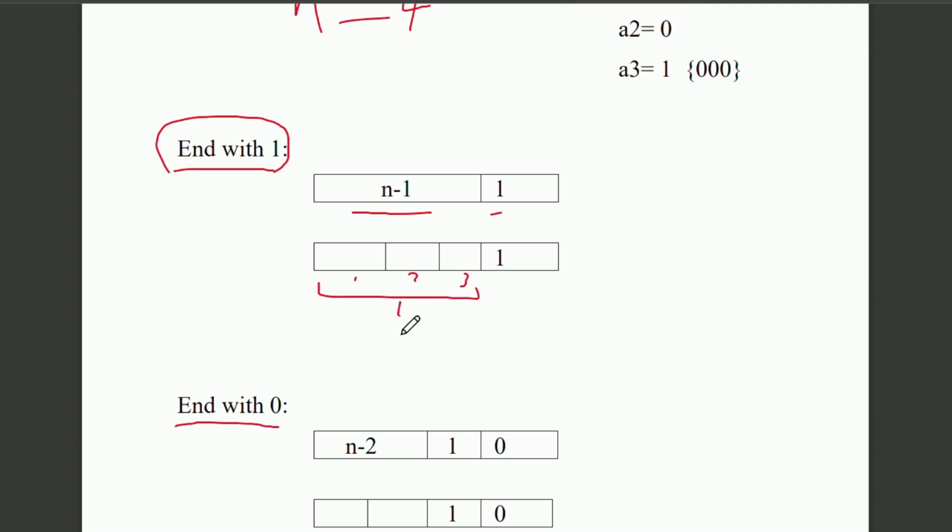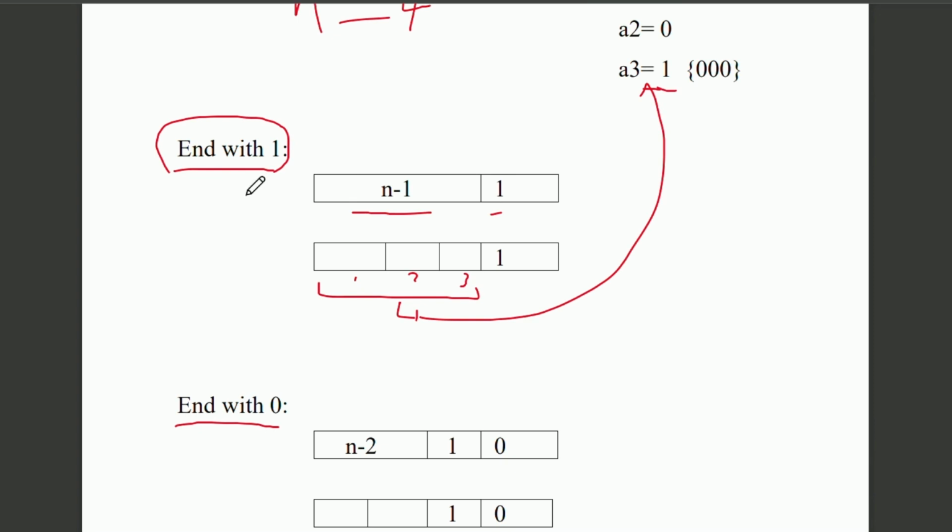So this is actually A3. Because the length of the bit string is 3, and we need to count how many possible outcomes there are for 0, 0, 0, and of course there is only one outcome, so A3 is 1. Okay, then we settle the case of ending with a 1.